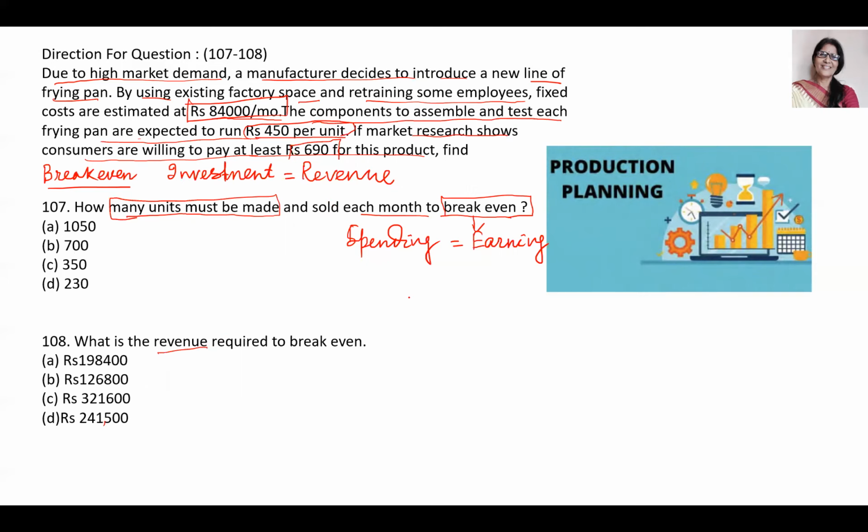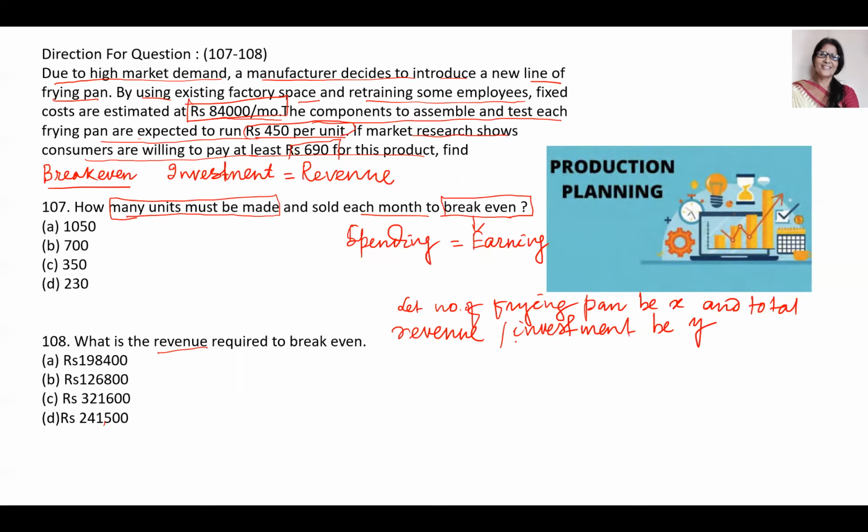So let the number of frying pans be x and total revenue be y. You can say revenue or investment, because they are the same.